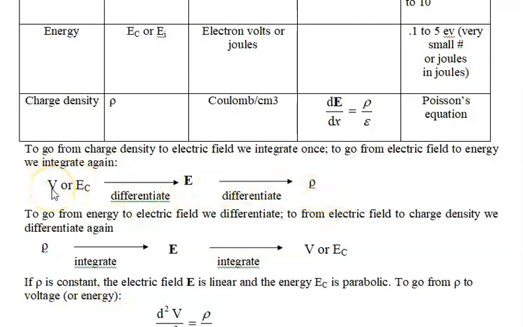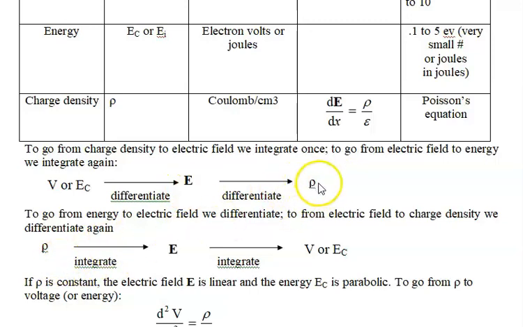So if the voltage or energy is parabolic, the slope, which is the derivative, would be linear, and then the slope of the electric field would be a constant. The slope of a linear function is a constant.